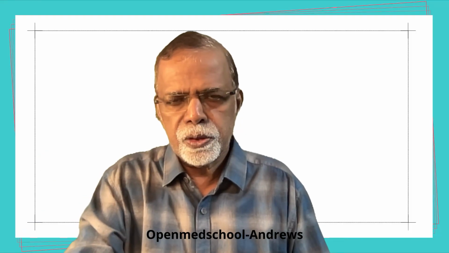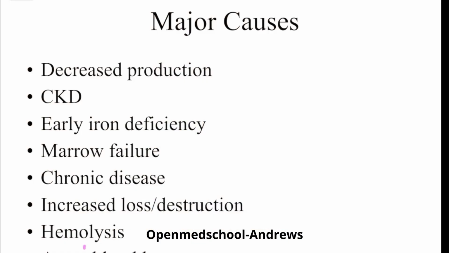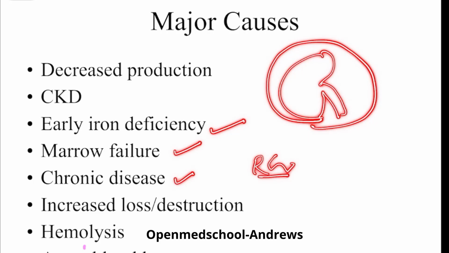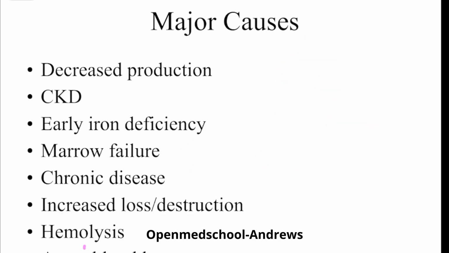The major causes are chronic kidney disease, which is the most important condition you should remember, early iron deficiency, bone marrow failure, chronic diseases like rheumatoid arthritis and tuberculosis. Increased hemolysis and acute blood loss can also produce a normocytic anemia.